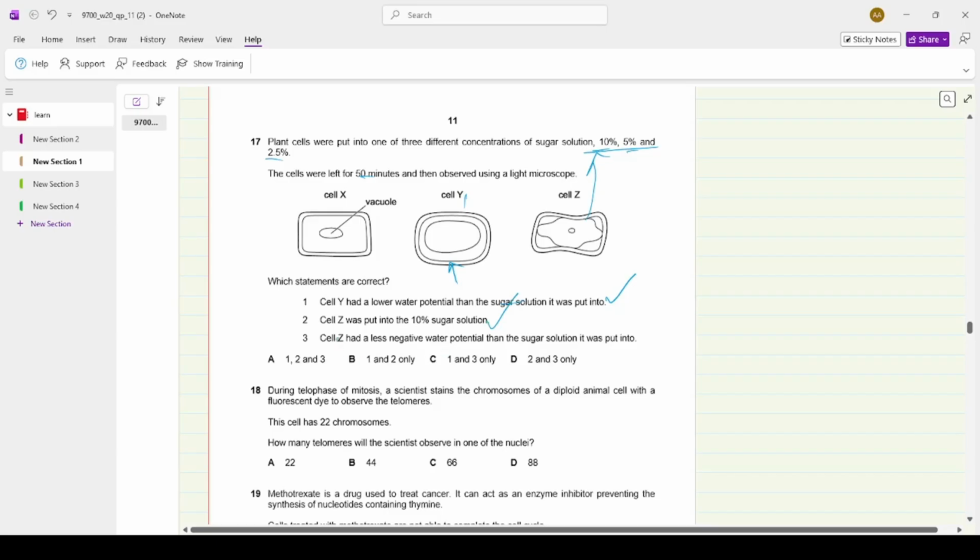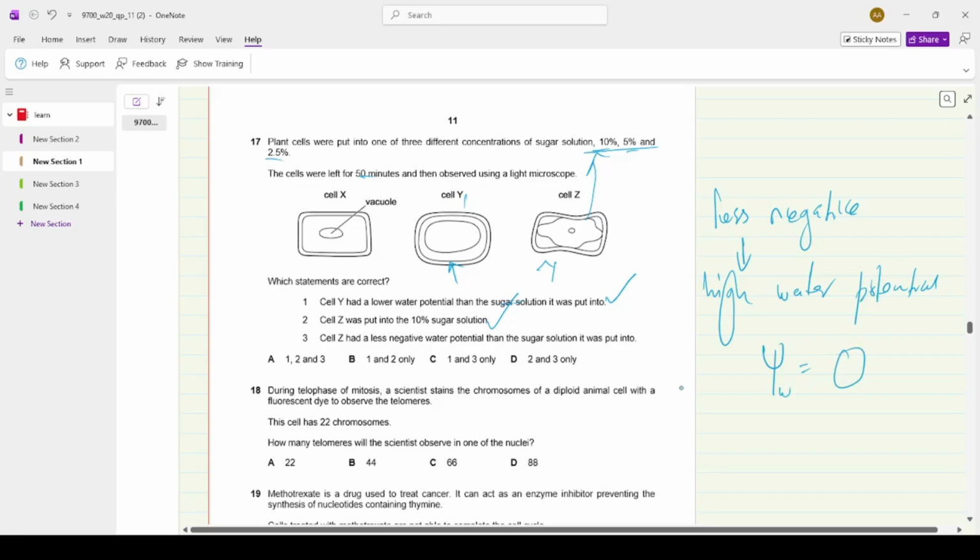Then 3, cell Z, this one, had less negative water potential than the sugar solution it was put in. Less negative implies high water potential, as we know that the highest water potential is 0.